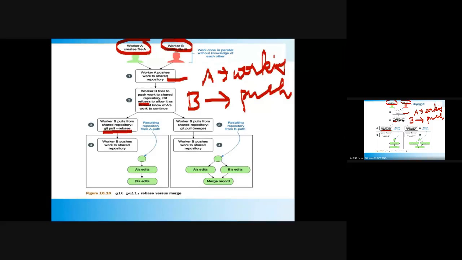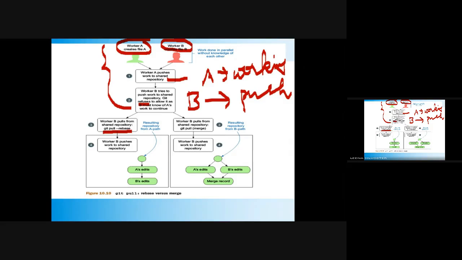So in usual cases, he can't push it because A is working. So B pulls the shared repository using git pull --rebase.